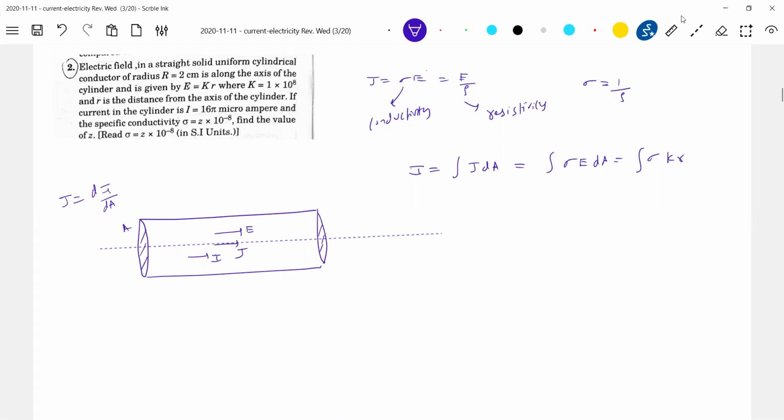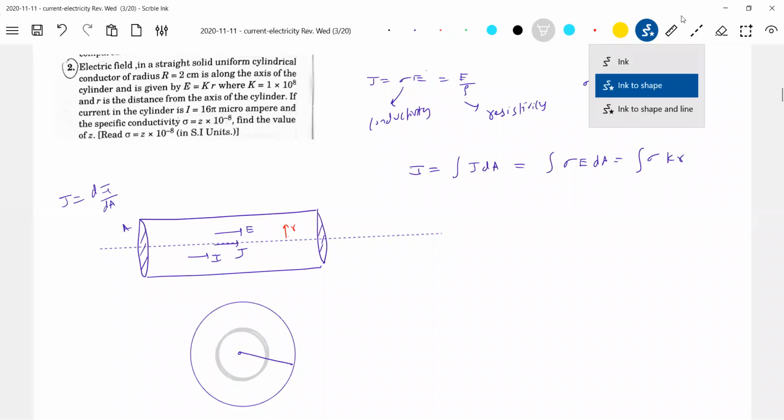Here r is the distance from the axis of the cylinder. So something is measuring this r like this. So you assume a strip.